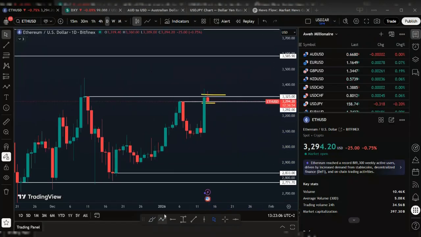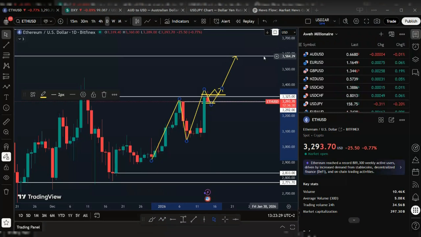However, if price actually breaks above the top of the range, a break and a close above the top of the range, then that opens up doors for price to continue this bullish momentum, with the next resistance sitting at the 3,585 level.